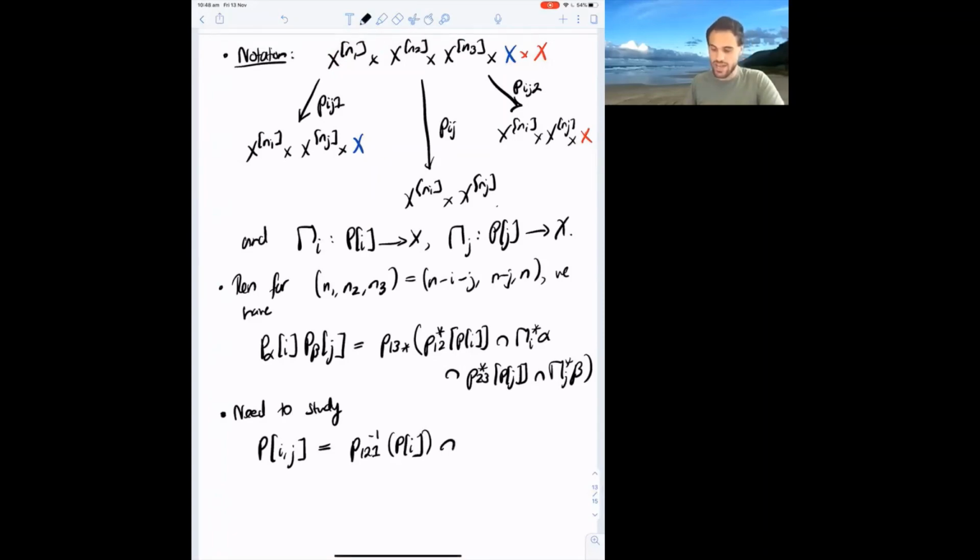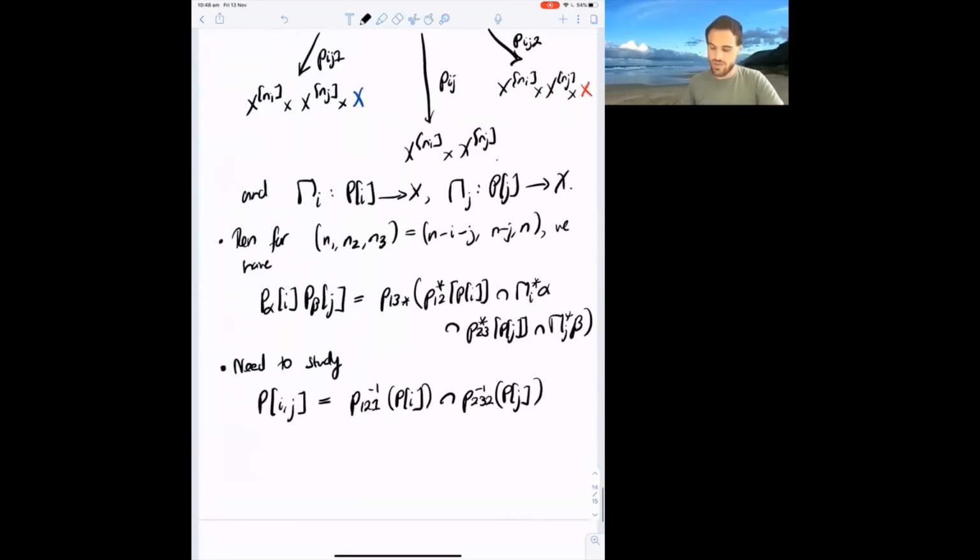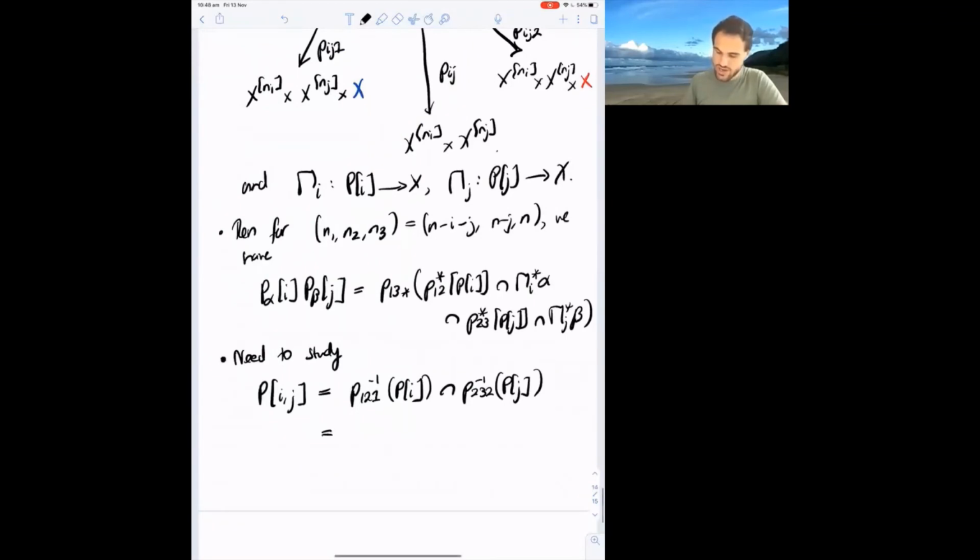And then we intersect with the appropriate thing, Pj. So we start with something here and pull back into this five-fold product, and then we intersect them. Okay, so if you work out what that means, it has quite a nice description.